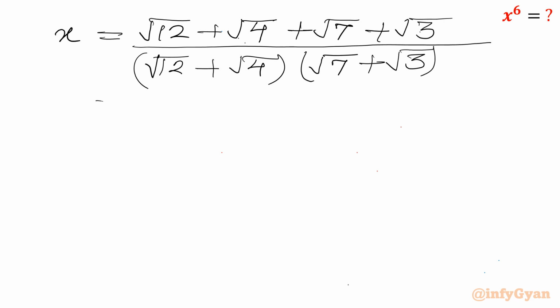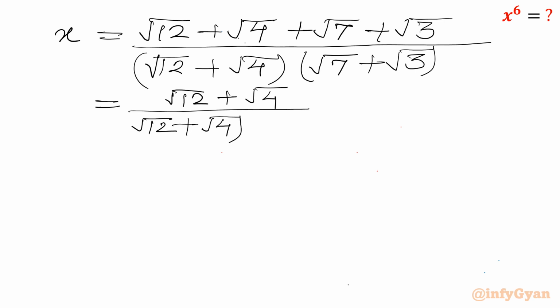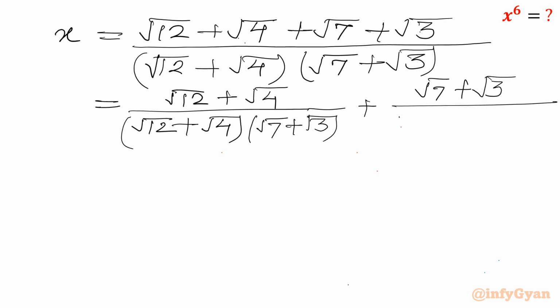Now I will split my numerator. So I will write root 12 plus root 4 over root 12 plus root 4 times root 7 plus root 3, plus root 7 plus root 3 over root 12 plus root 4 times root 7 plus root 3.